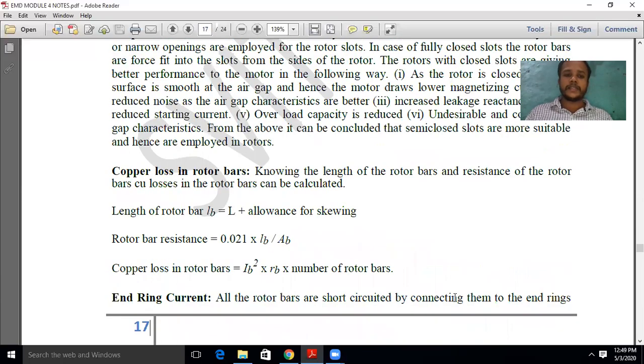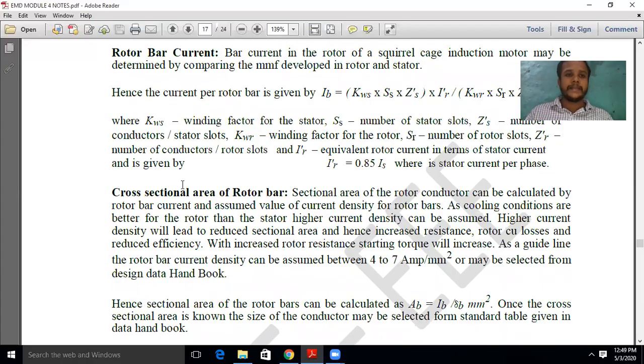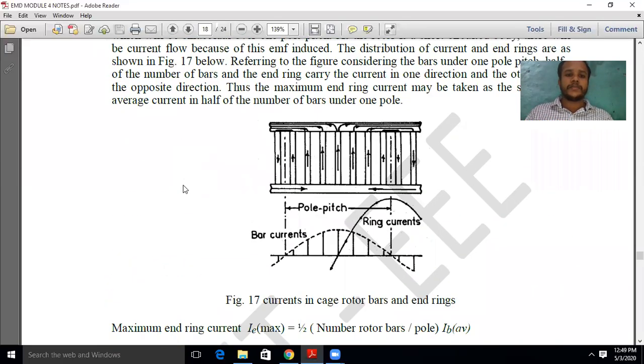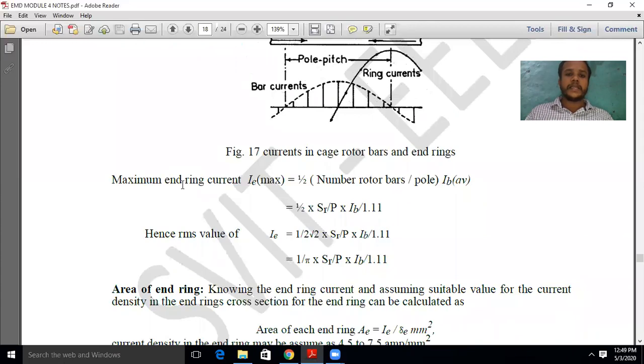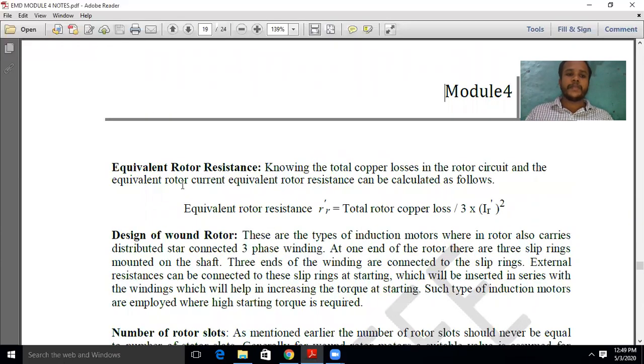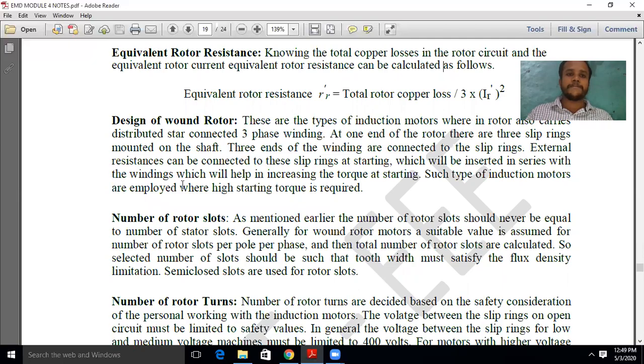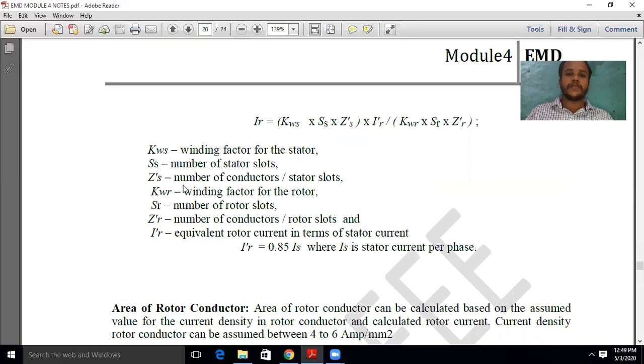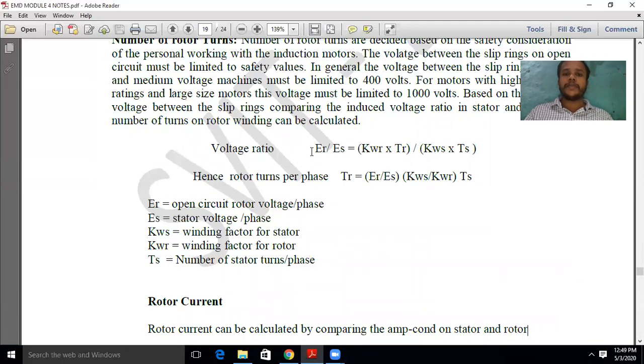These are the various points we have seen: copper loss in the rotor bars, rotor bar current, cross-sectional area of the rotor bar, shape and size of the rotor, end ring current, equivalent rotor resistance. And we have seen the voltage ratio, the same as the turns ratio in the case of a transformer.